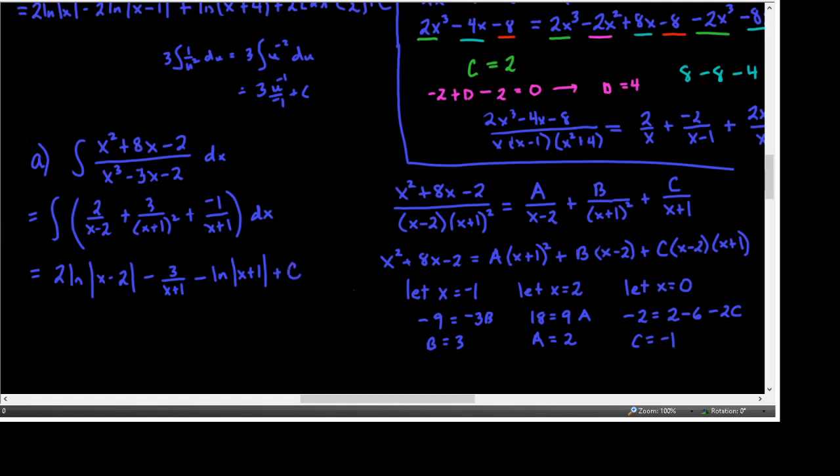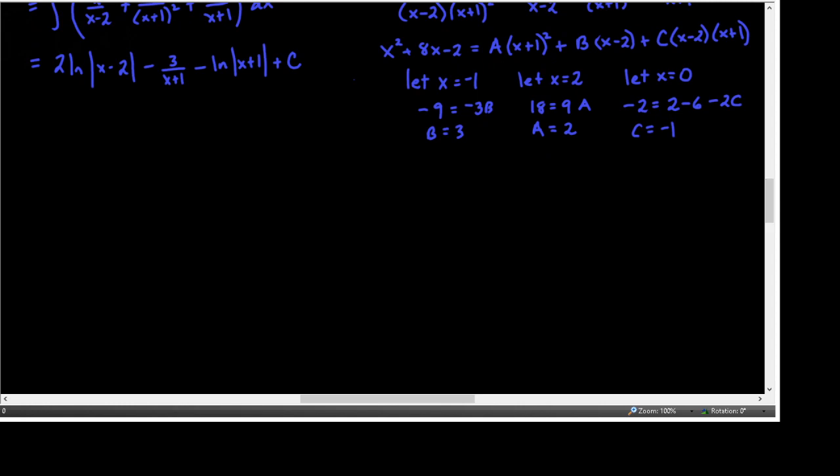All right, so let's look at problem B. This is the integral of x cubed plus 7x squared plus 9x plus 15 all over, I see that that's not completely factored.